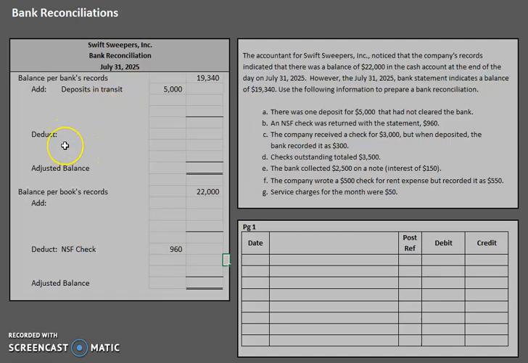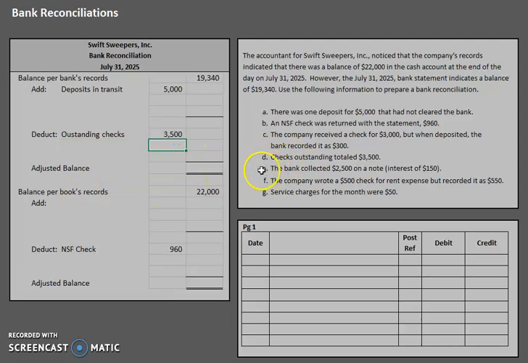There's no way for them to know that you have written that check. So your records are updated, however, the bank's records need to be updated at this point. So let's go ahead and deduct that check. Let's call it outstanding checks, those outstanding checks for the total amount that are outstanding, $3,500.